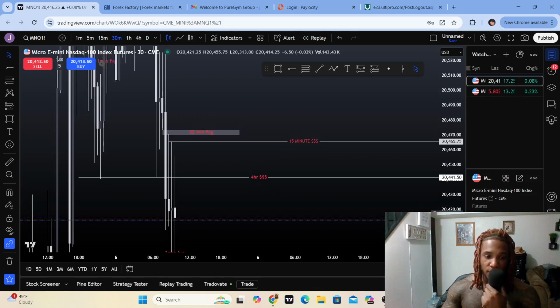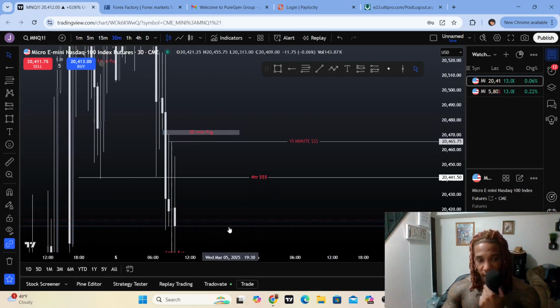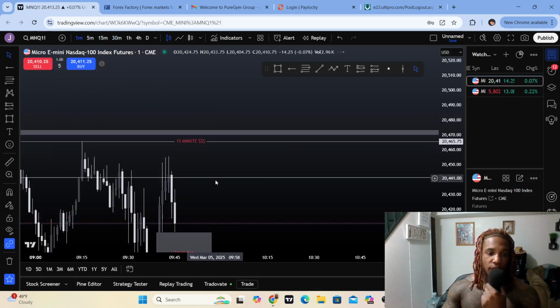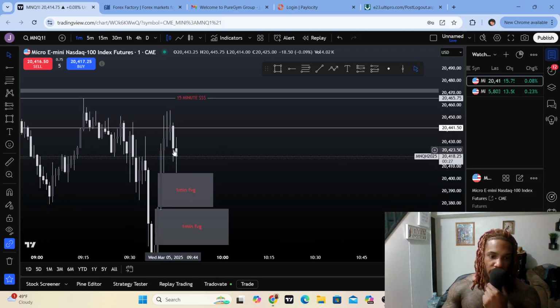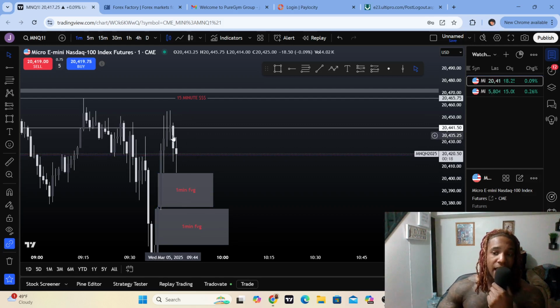Liquidity sweeps can be used to sweep liquidity to go to a higher time frame bearish confluence and then come to the downside again, but we never know. I need to first see if we get a respect of this 1 minute fair value gap, meaning if we come into it, make a low, don't break structure, and then go higher and get a bullish candle out of it, we might take some buys today, but I have to see.